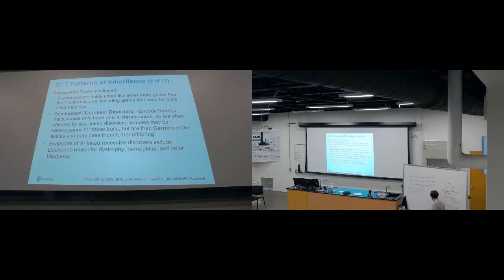So that's how you can tell: if you see an X and a Barr body, that means that it's a female. Now, what if you have XXY, or what if you have X and only X? What will be the gender?